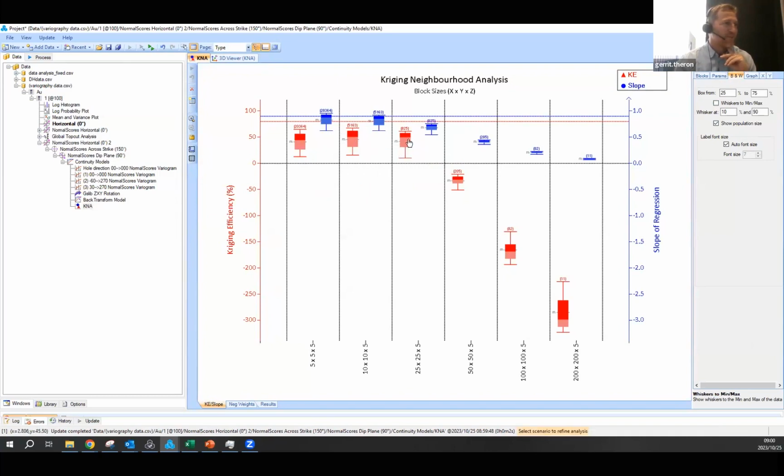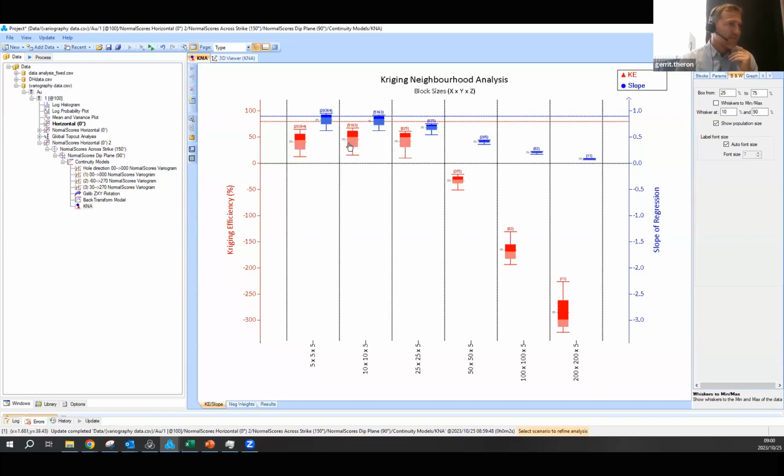We can even go for the 25 by 25, although the slope of regression drops off there. We can see these slopes of regressions are more or less the same. Still almost above the 0.9 we want, and the kriging efficiency is slightly below the 80%.